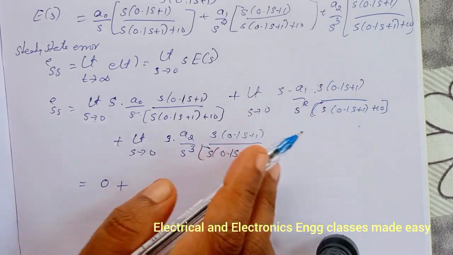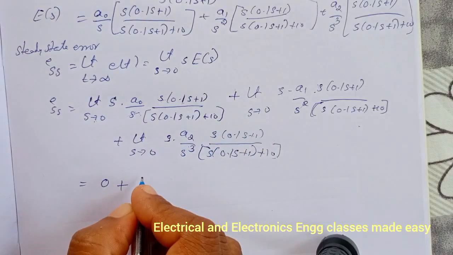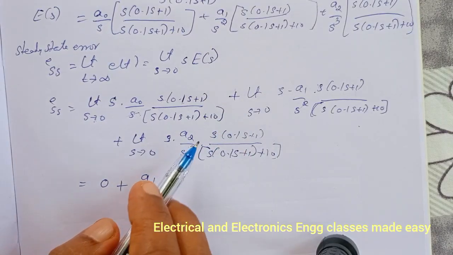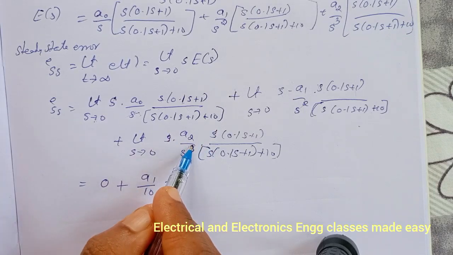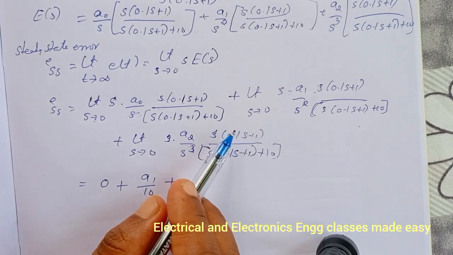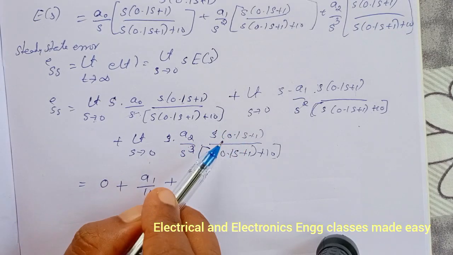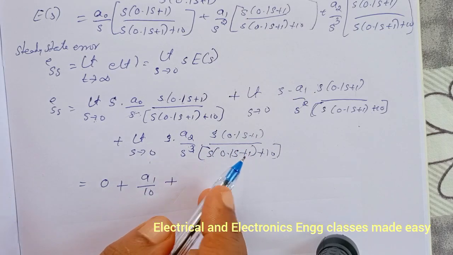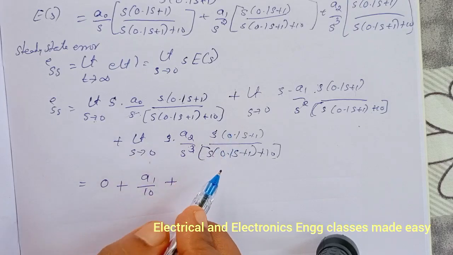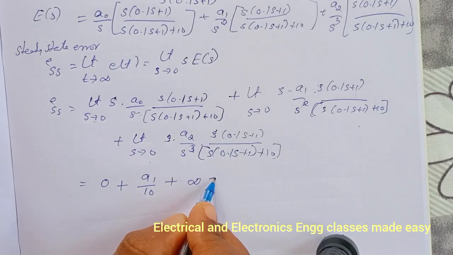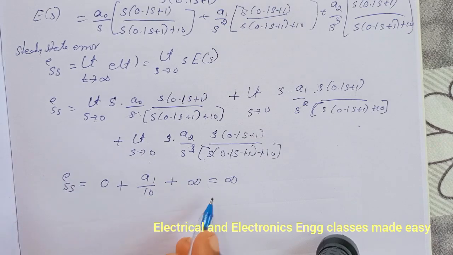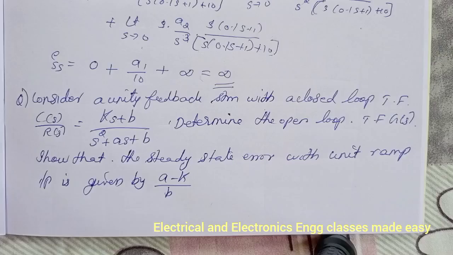So 1 divided by 10, and that is A1 divided by 10, then plus, and here also these two S we can cancel, and after applying this limit we get 1 divided by 0, that is 1 by 0 is infinity, so the answer is infinity. So the steady state error for this case is infinity.